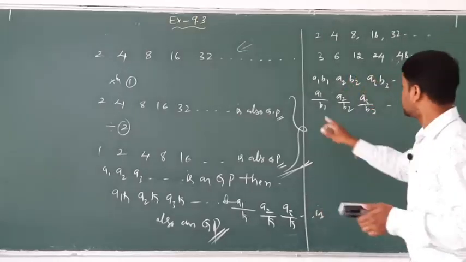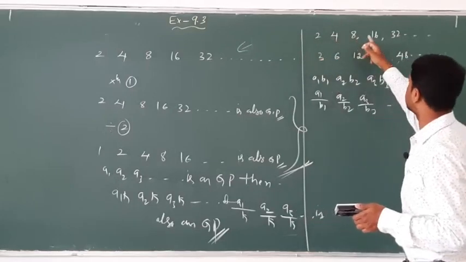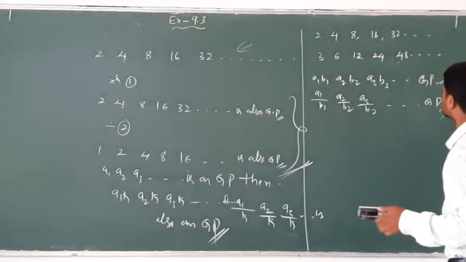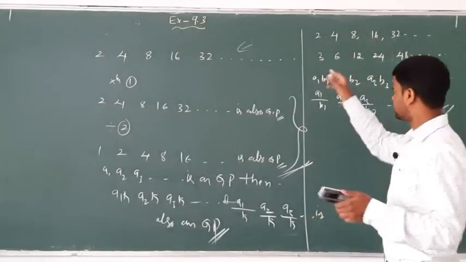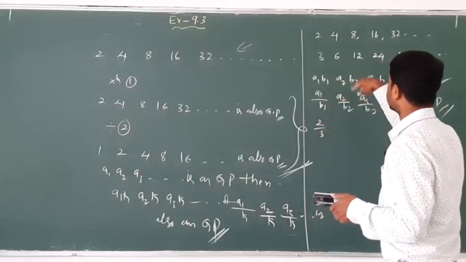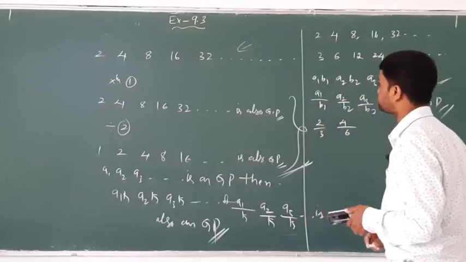And also A1 divided by B1. Consider A1, A2, A3, A4 and so on, and here B1, B2, B3 and so on. Here the ratio is 2 by 3, the first one 2 by 3. Next, A2 divided by B2 means 4 divided by 6.